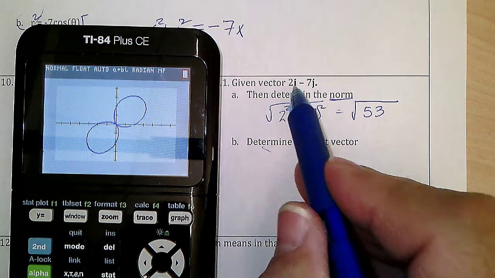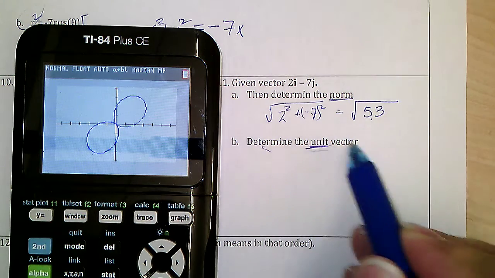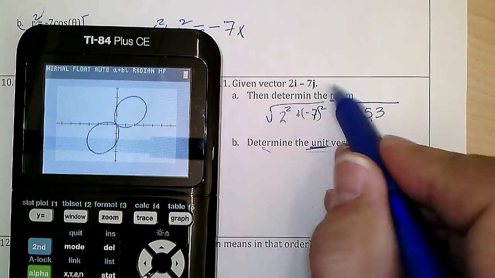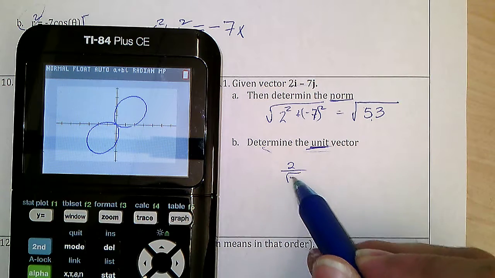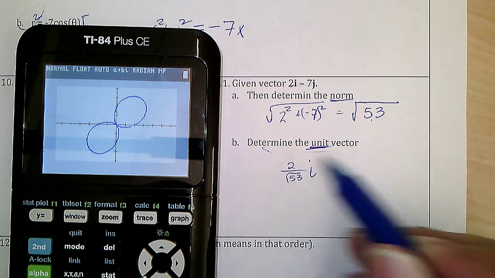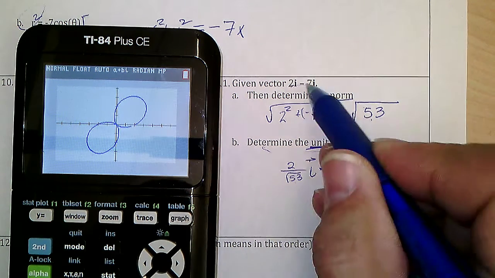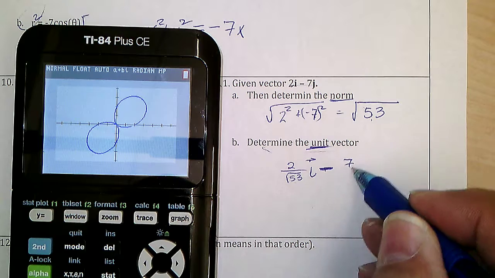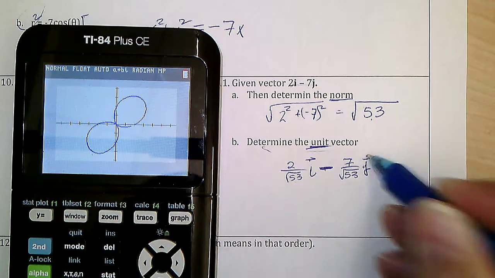And then to make this vector that's this long only 1 unit long, I have to divide by the length of this, square root of 53. So I got to take 2 divided by the square root of 53 in the i direction, minus, because that's a minus there, 7 over square root of 53 in the j direction.